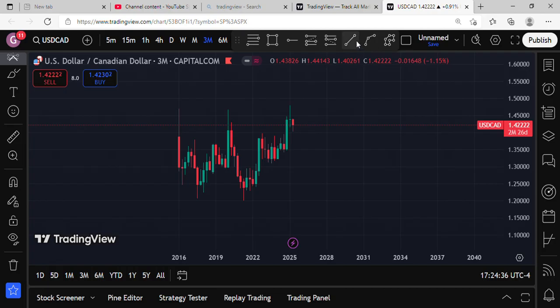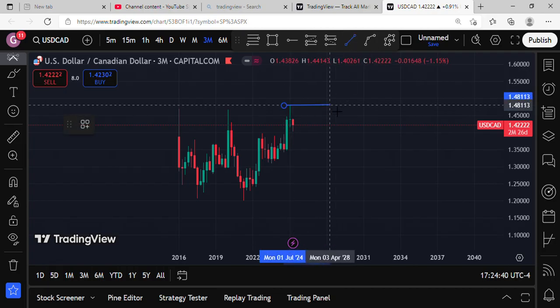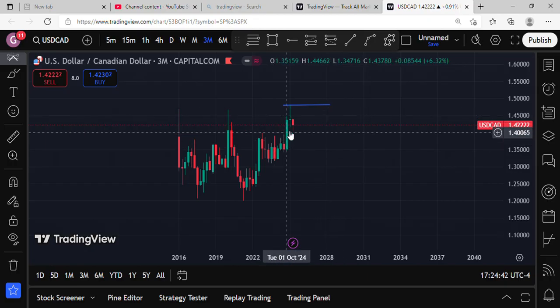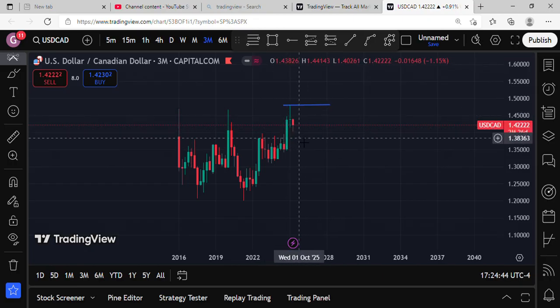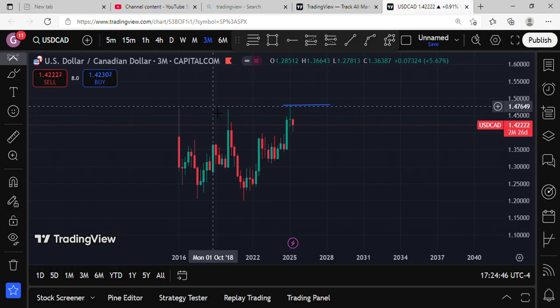And so with this, all I'll do is mark the high of this candle and then go into this fair value gap and look for the low which has been formed in this candle. And so I'll go into the monthly.